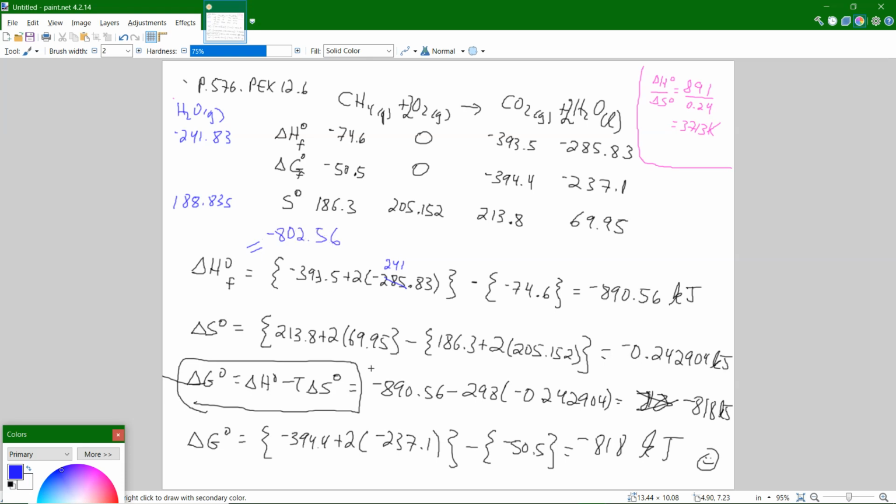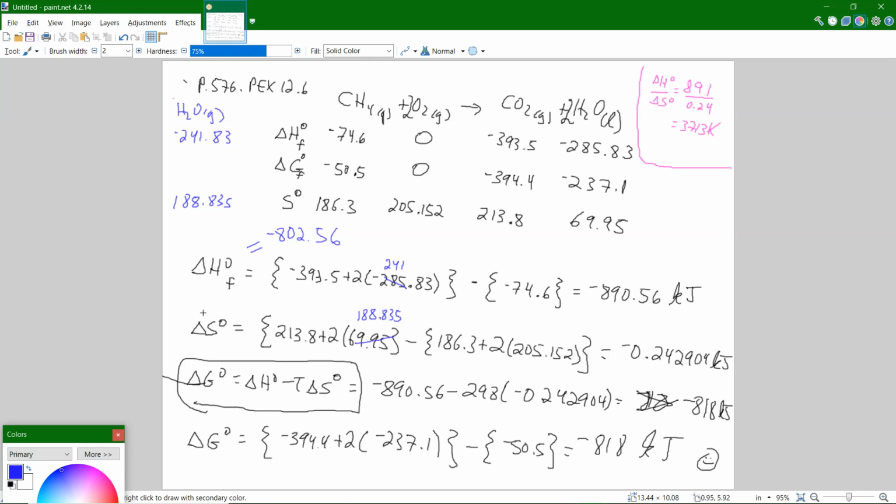And the delta S naught, instead of 69.95, I'm going to have 188.835. So you see there's a lot more entropy with water gas than with liquid water. So that makes sense. 213.8 plus 2 times 188.835 minus 186.3 plus 2 times 205.152, and I get minus 5.134.